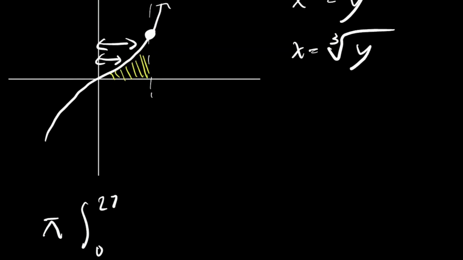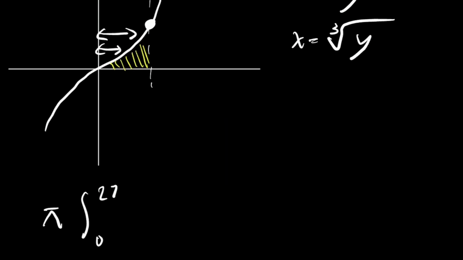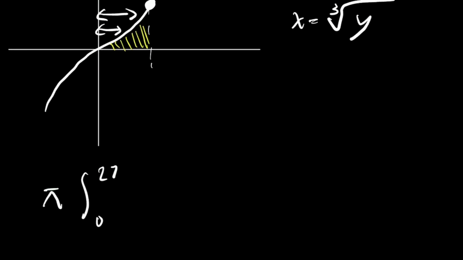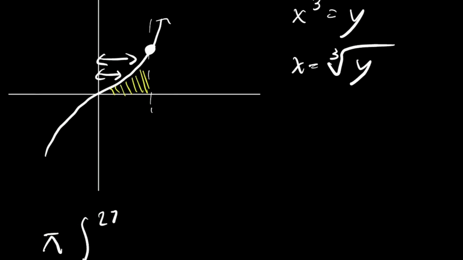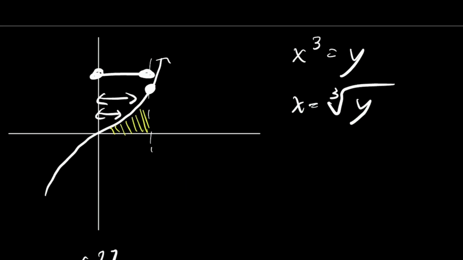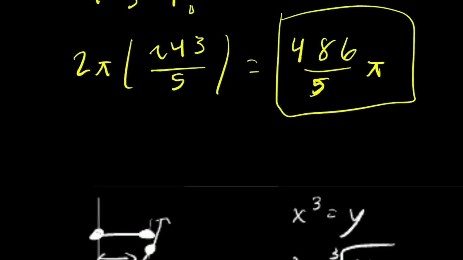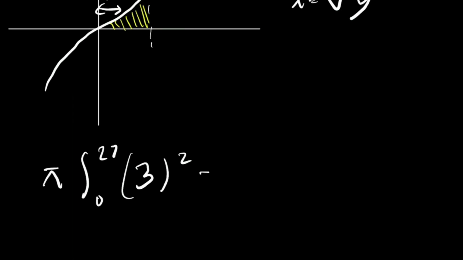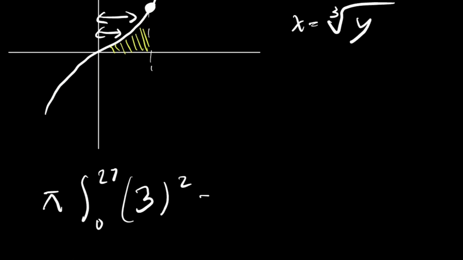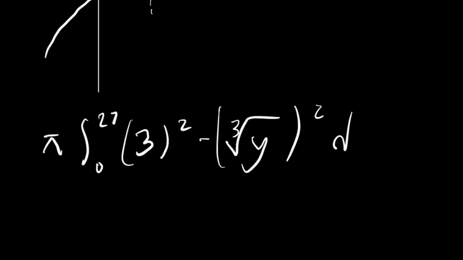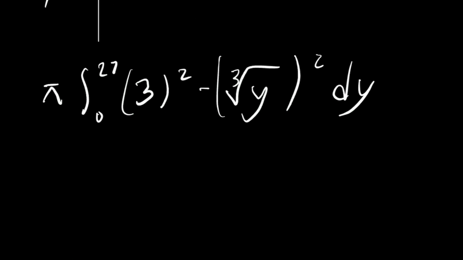So 0 to 27 of big R squared, which is simply the distance from the axis of rotation to our bound, which is x equals 3. So it's going to be 3 squared minus the cube root of y squared dy. So yeah, this is one of those cases where it's actually going to be easier to use shell method.